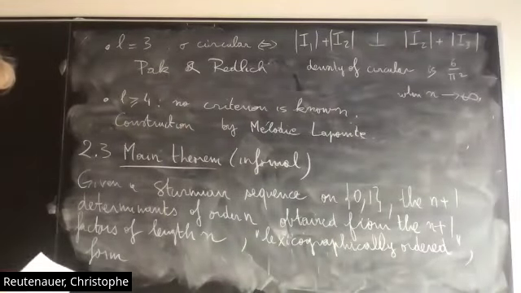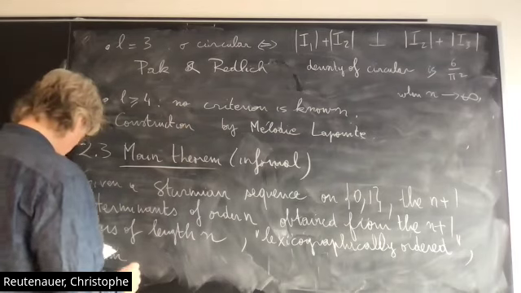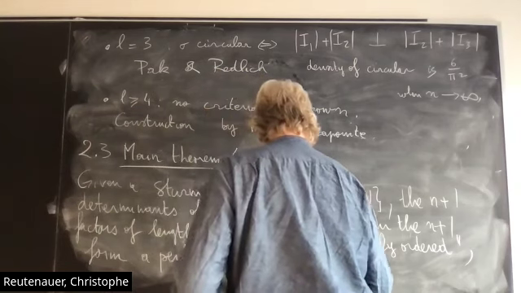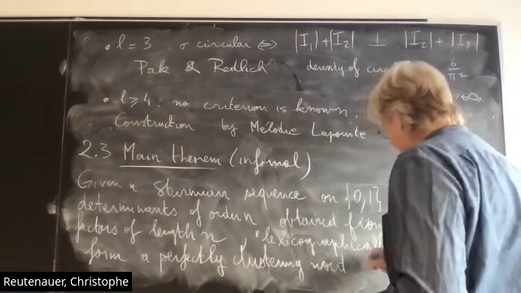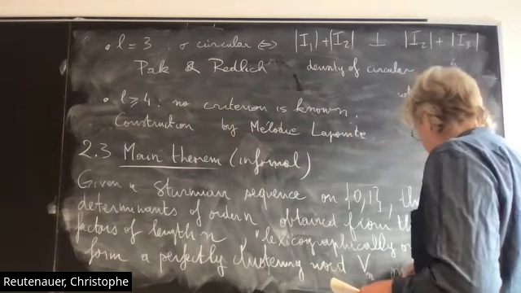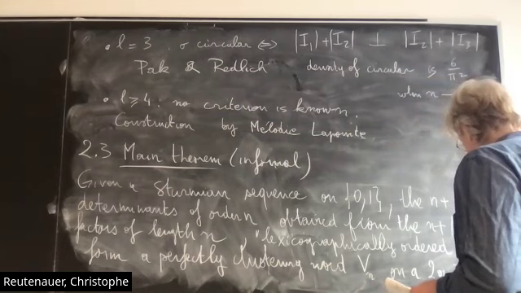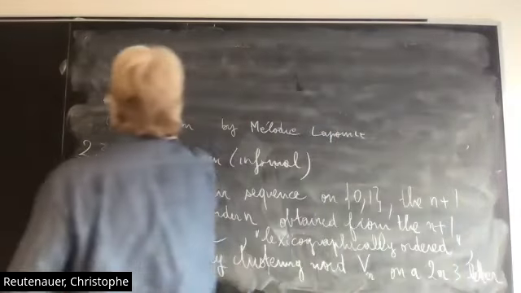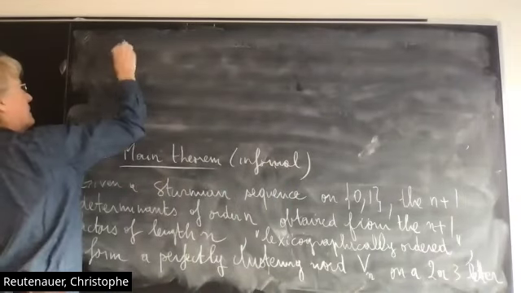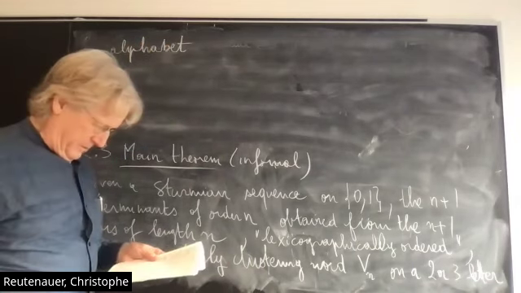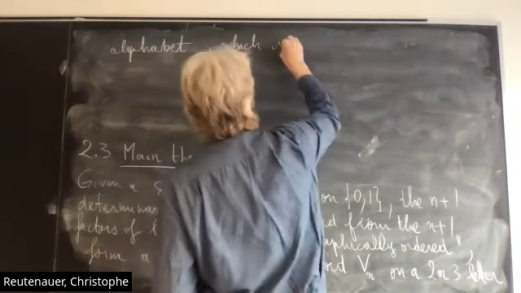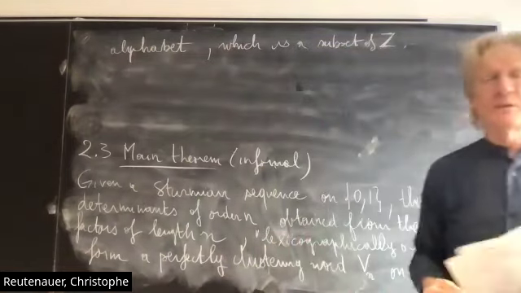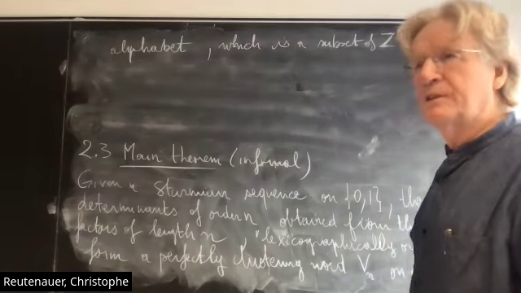And the remarkable fact is that these vectors form a perfectly clustering word, which I call Vn, on a 2 or 3 letter alphabet, which is a subset of Z, because the matrices are matrices of 0, 1, and when you compute the determinants, you obtain an integer.